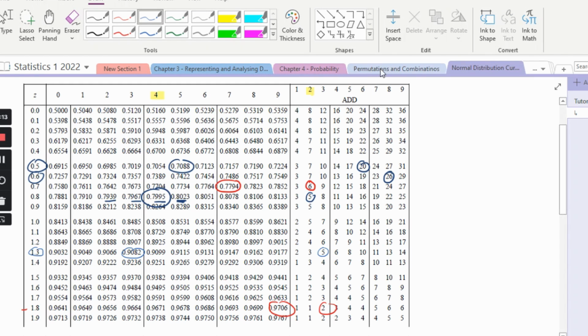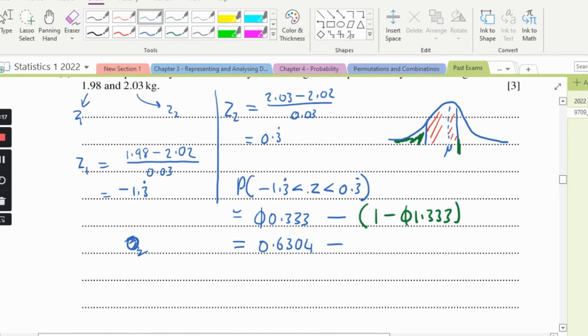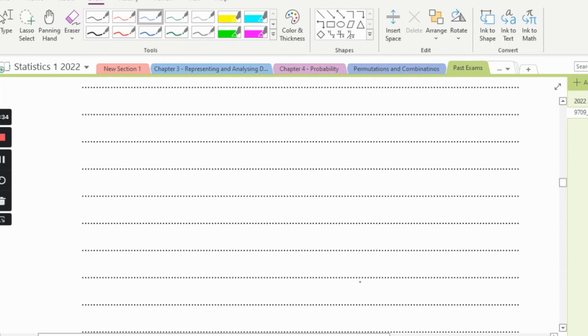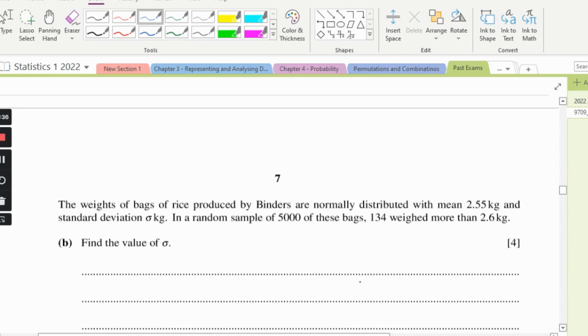I think it should be 0.9087. And when we plug that all in, getting 0.5391. Is that correct? Is everyone happy with that? Nice. Okay, moving on.